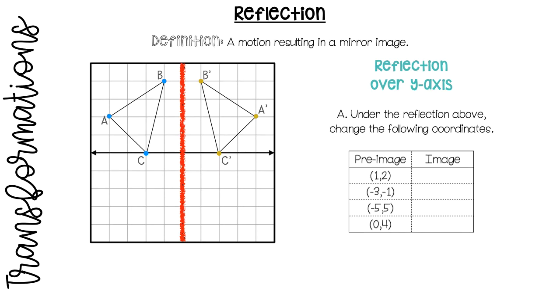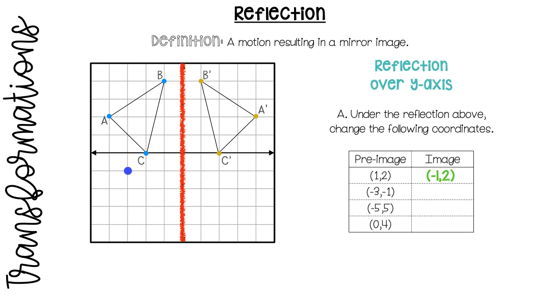Now, under the reflection above, I want to change the following coordinates. So I'm going to reflect over the y-axis the point (1, 2). If you look, that becomes (-1, 2) if I create that mirror image. Let's look at (-3, -1).